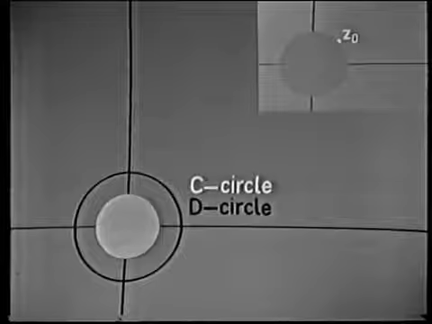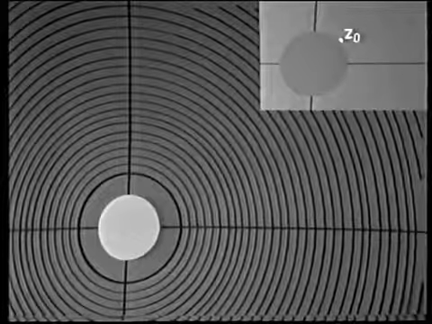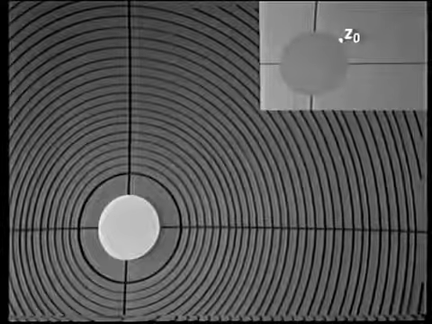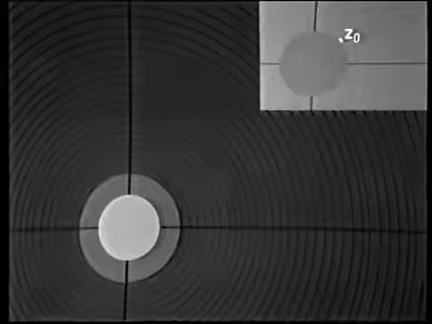So any smaller circle inside it must also be a C circle. In the same way, we can take the D circle. Any larger circle outside it must also be a D circle. The question is, can there be a gap? Or must every circle be a C circle, or a D circle, or possibly both?